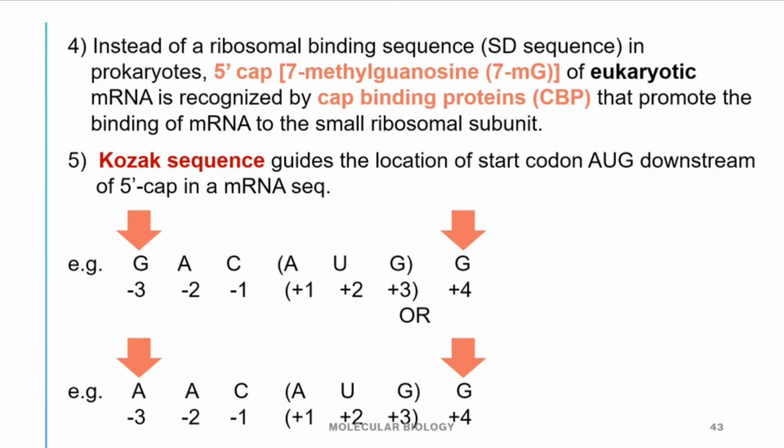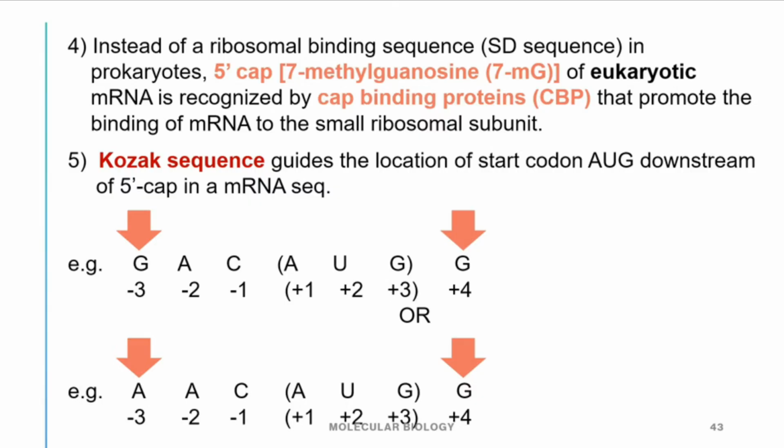So in most eukaryotic mRNA transcripts, we can find this Kozak sequence present. This is actually a very important initiation site for translation in eukaryotic cells, and it's conserved for a lot of the eukaryotic genes.